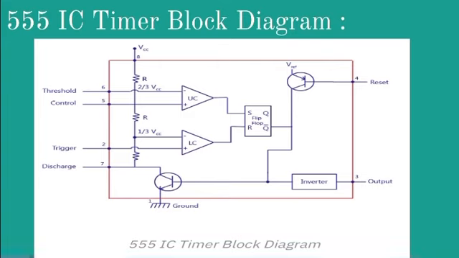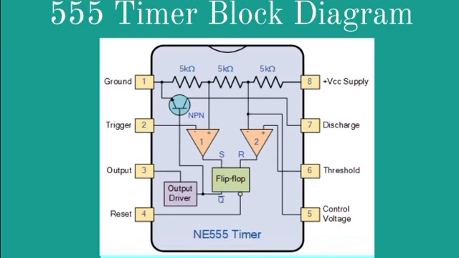Okay, so now let us see the working principle. By discussing the working principle, we have to look at the block diagram of this 555 timer. So here in this diagram, as you can see, the internal resistor acts as a voltage divider network, providing 2 by 3 VCC at the non-inverting terminal of the upper comparator and 1 by 3 VCC at the inverting terminal of the lower comparator.